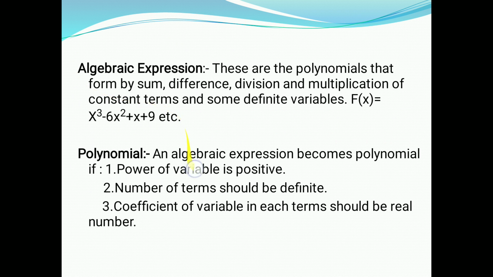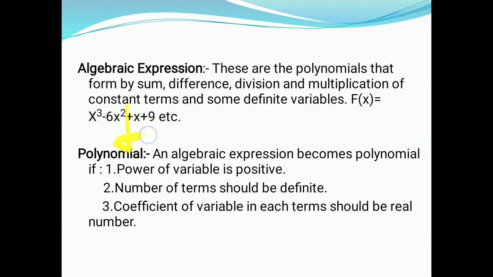So what makes an algebraic expression a polynomial? There are three conditions for an algebraic expression to be a polynomial. Number one, the power of the variable is positive. Always the power of the variable is positive. In the above example, x cube, then minus 6x square, and plus x to the power 1, we assume there is a 1 as the power.